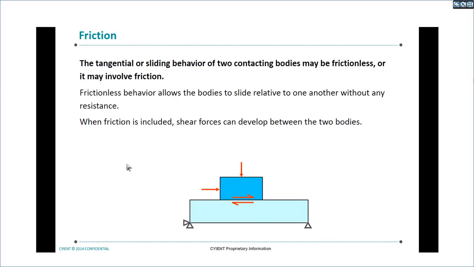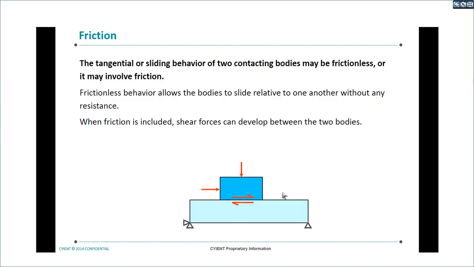Friction plays a very important role in contact modeling. The tangential or sliding behavior between these two things may be frictionless or frictional. Frictionless behavior allows a body to slide relative to another without any resistance.